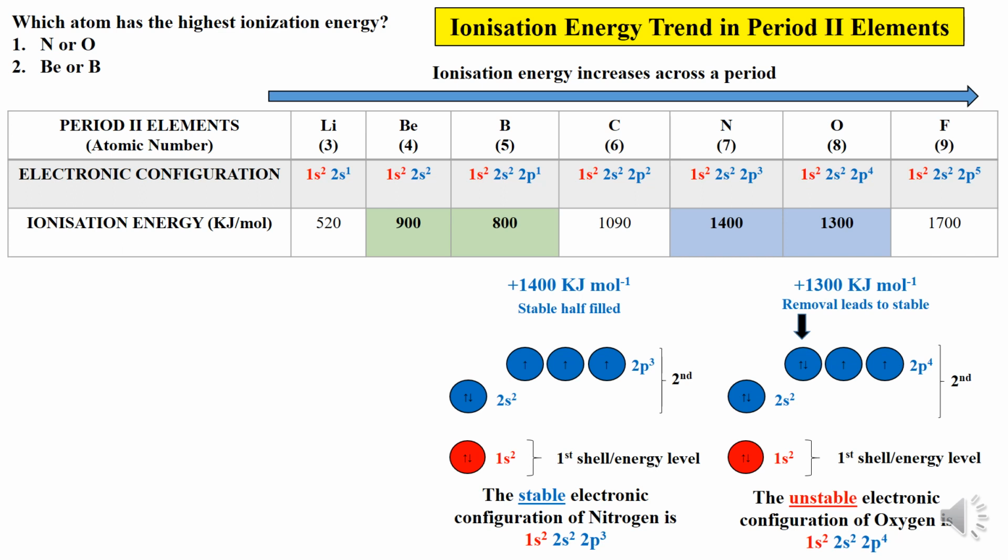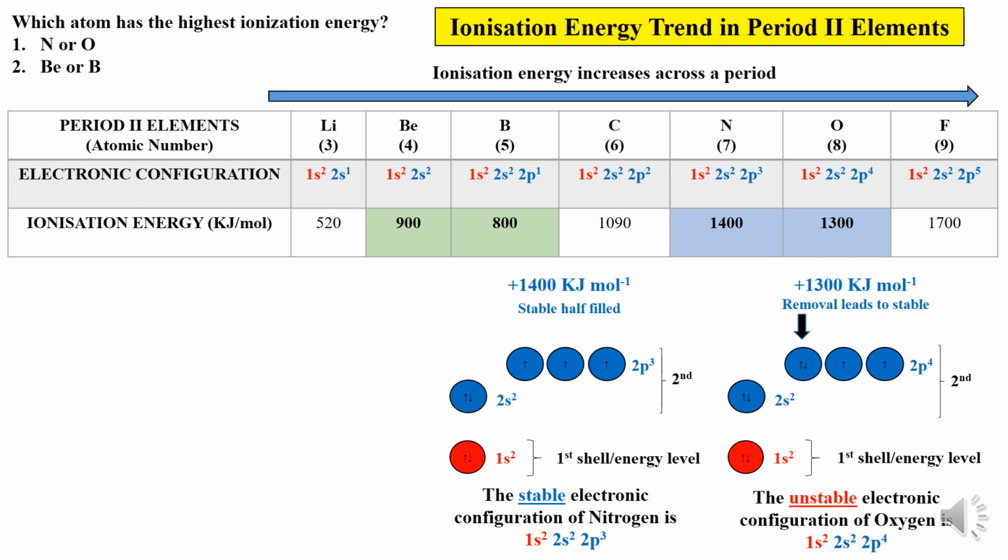Now, when you are dealing with ionization energies, you need to look at what happens after removal of an electron. After you remove 1 electron from the 2p orbital, where you find the paired electron, it leads to a stable electronic configuration resembling that of nitrogen.